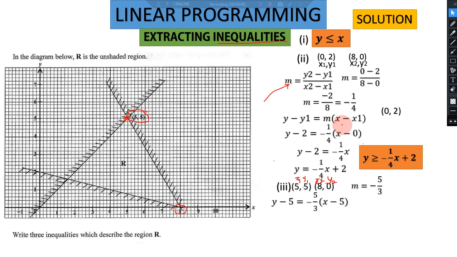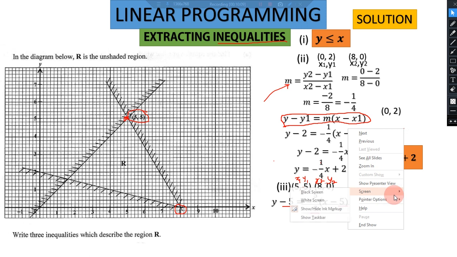Once you are done finding that value, remember we are coming to the formula for the equation of a straight line. I've picked the first point, which is (5,5), and then we have substituted. The 5 you are seeing is for the y1, this value here is for the gradient, this value here is for x1.